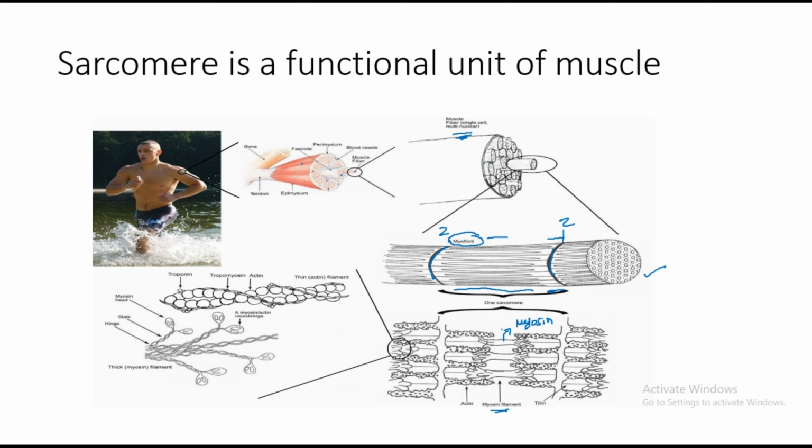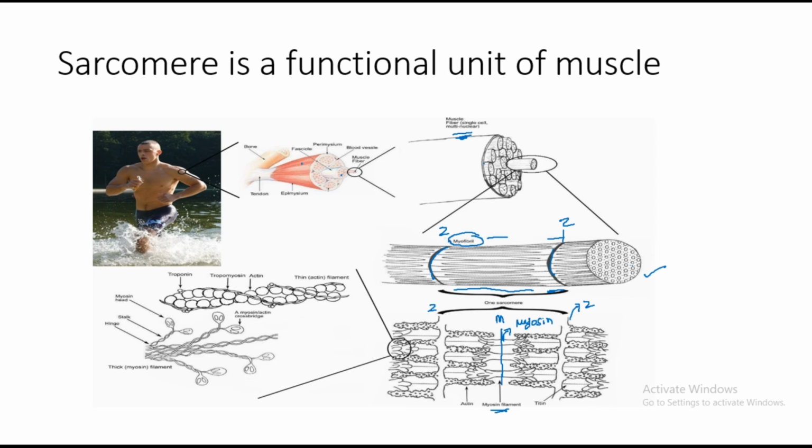This is one imaginary line, the so-called M line. Either side we have attachments of the myosin filaments. The myosin filaments are thick proteins, or dark proteins, and lie either side of the M line.